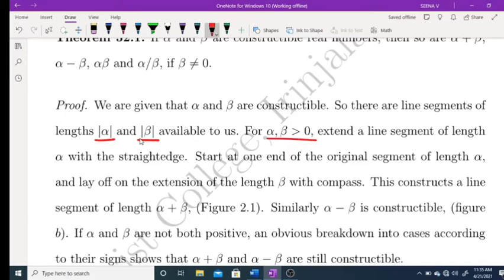of length mod alpha with a straight edge. Then, at one end of the original line segment of length alpha, lay off on the extension the length beta with the compass.